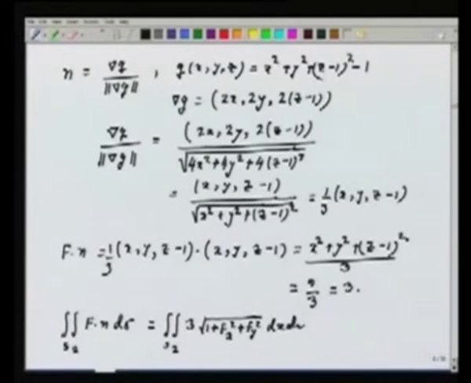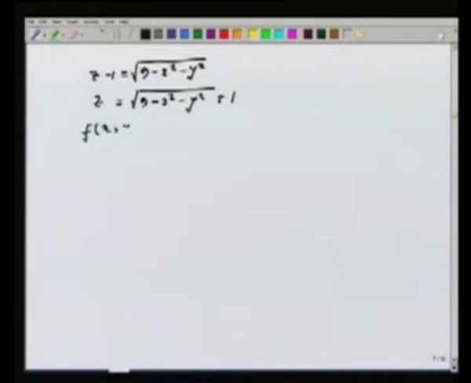The upper hemisphere can actually be thought of as the graph of a function, because I can write it as z minus 1 equals square root of 9 minus x square minus y square. Okay. So z equals square root of 9 minus x square minus y square plus 1. Okay. So my f(x, y) actually is square root of 9 minus x square minus y square plus 1.